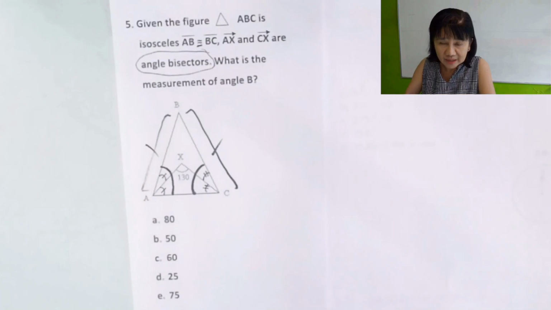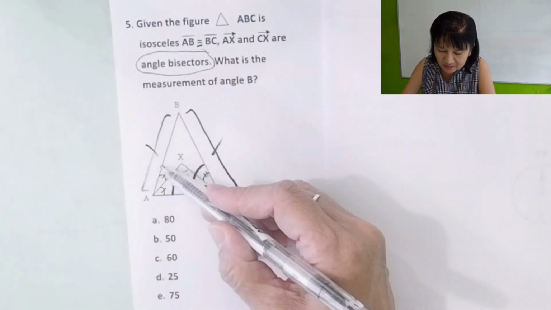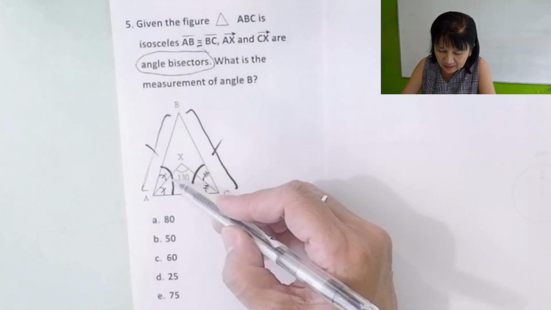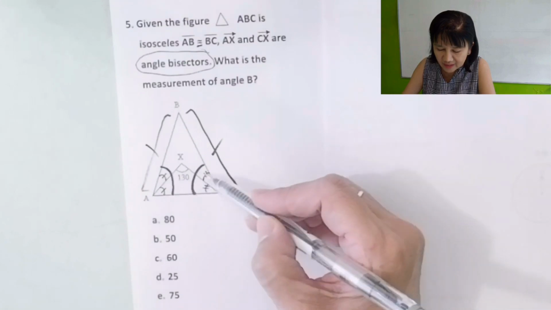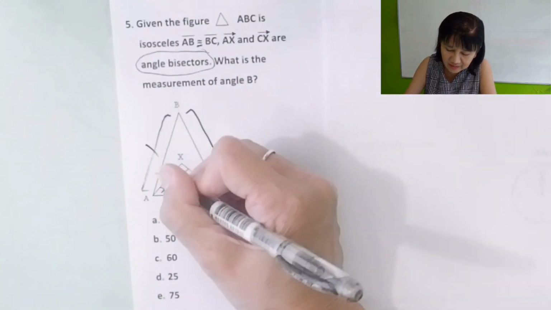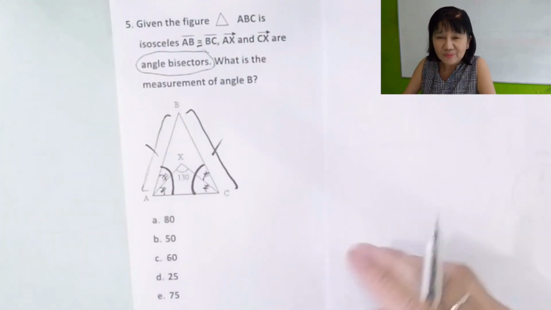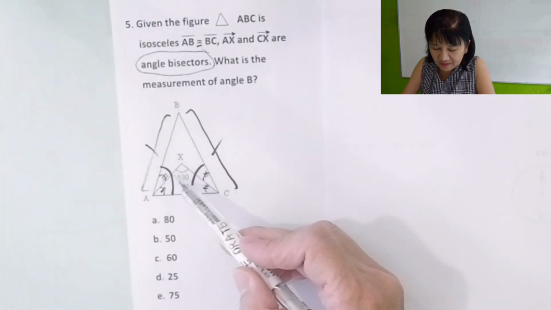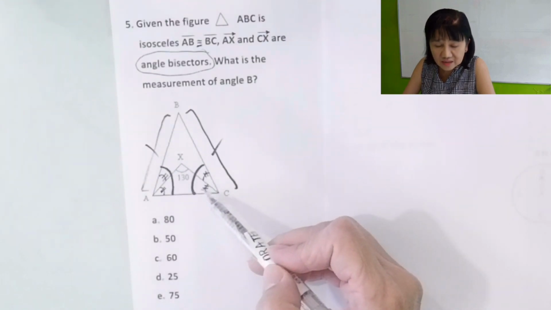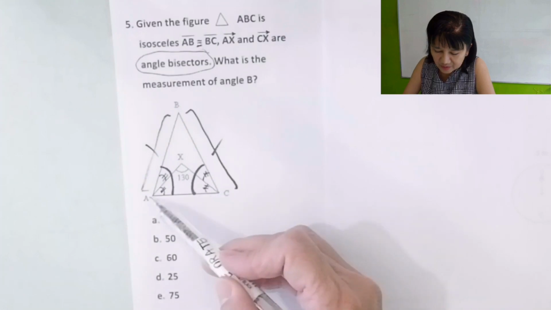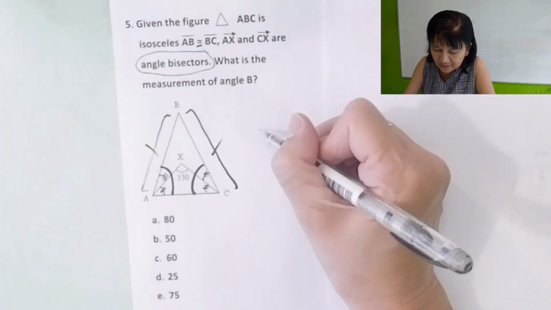Therefore, by transitive property, since angle BAC and angle BCA are congruent and they are divided into 2 equal parts, then all of them are congruent to each other. So that would mean we can get the measurement of these 2 angles here given this triangle.